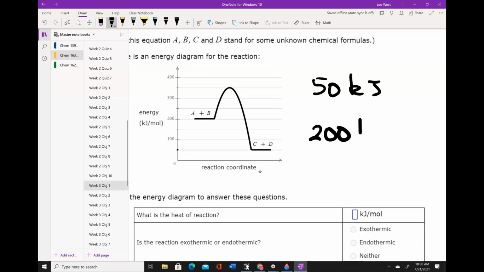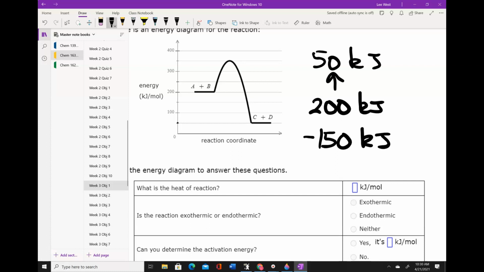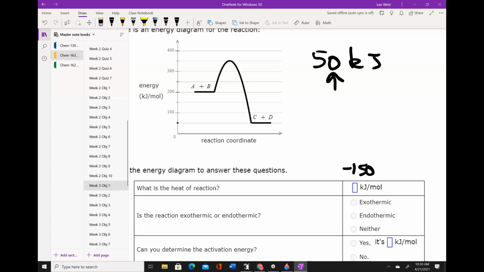So it goes from 200 kilojoules down to 50. That means there was a loss of 150 kilojoules, minus 150 kilojoules per mole of energy was released.